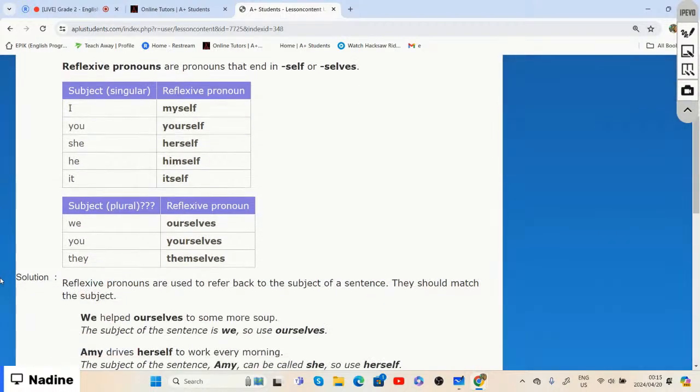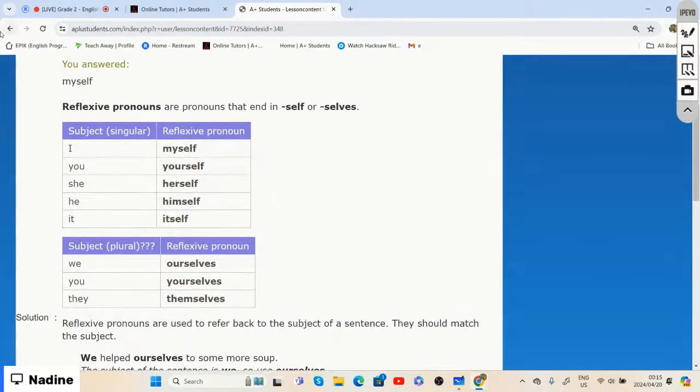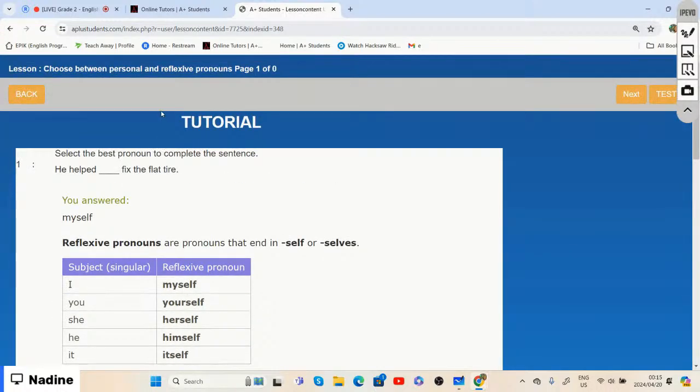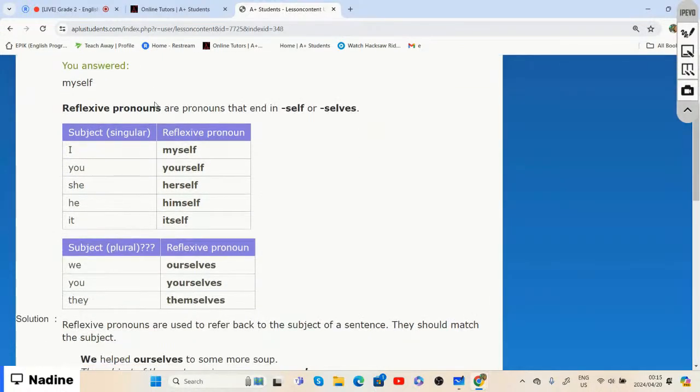So remember, reflexive pronouns are pronouns that end in "self" or "selves." And we're going to have to find the difference between a reflexive pronoun and a personal pronoun, right?